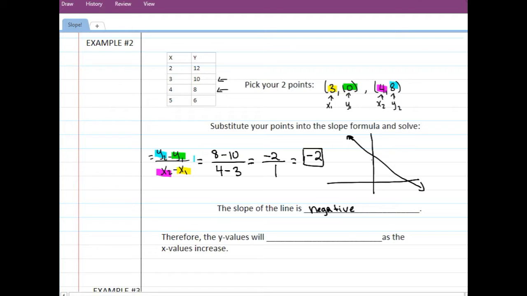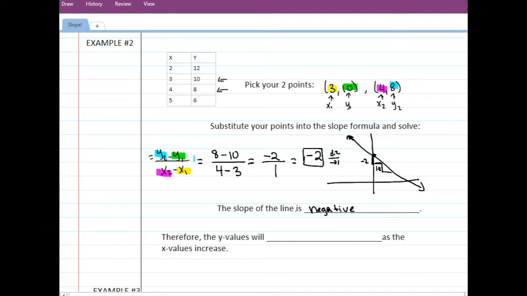And the reason it's going down is because when we start at the intercept, you're going to go down 2 and over 1. Down 2 and over 1. And that's how we make our line.